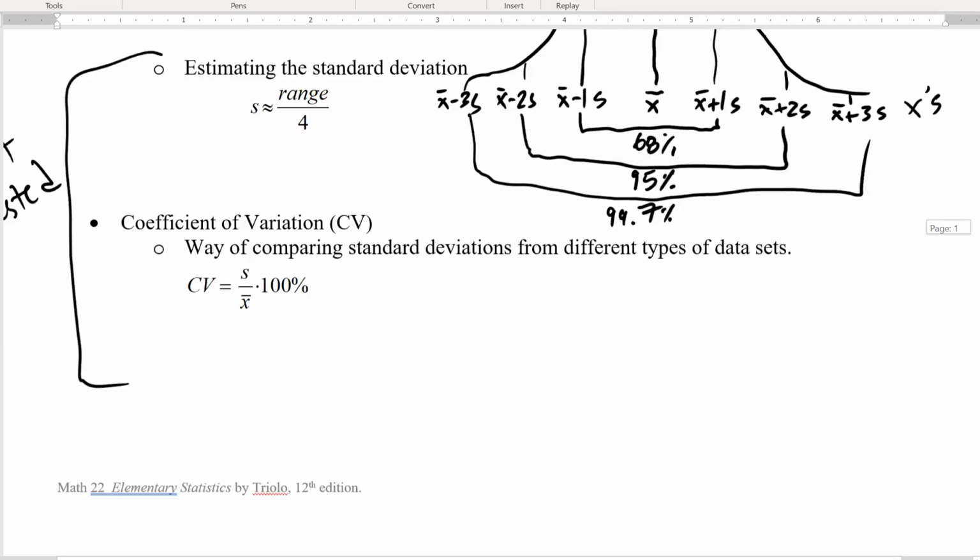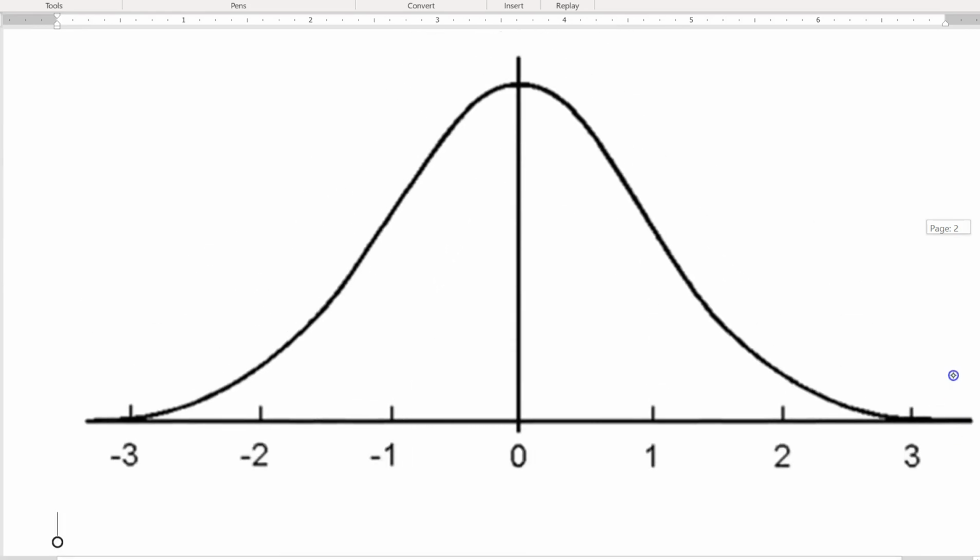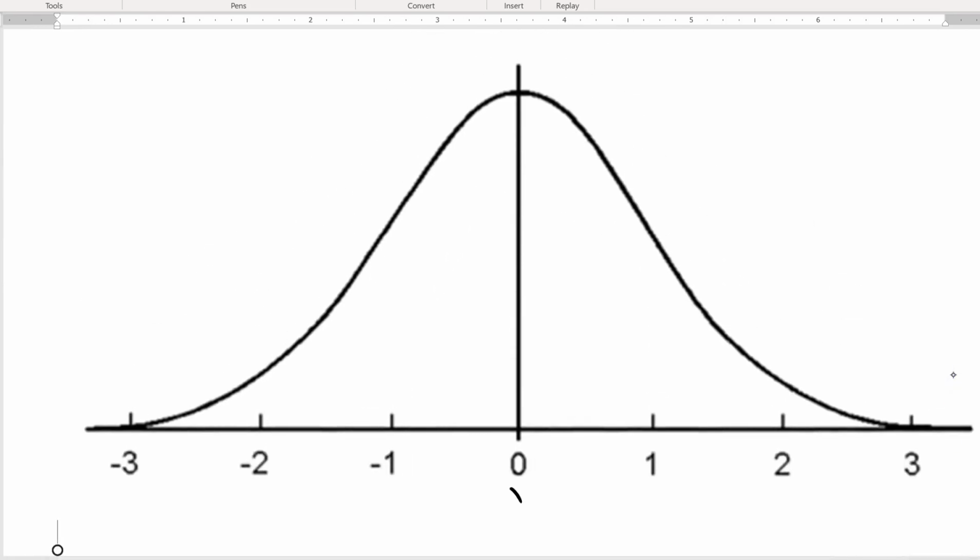So when I go down here, this 0 represents the mean. This represents the mean plus 1 standard deviation, the mean plus 2 standard deviations, the mean plus 3 standard deviations. These are our x's on the bottom, and above these are our z-scores.